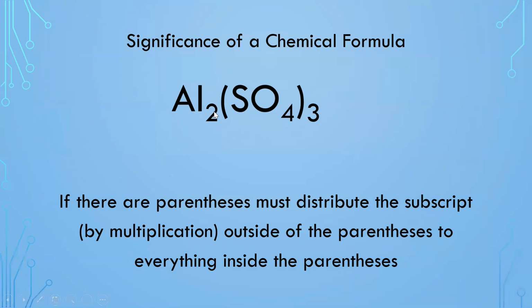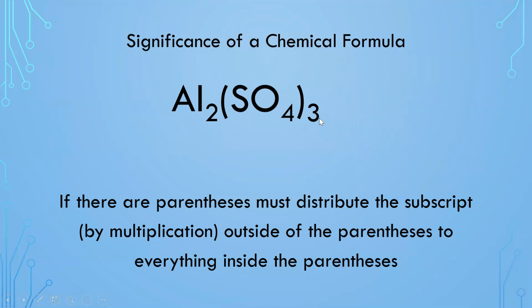So we see subscripts, but we also see parentheses. So if you have parentheses, any subscript outside to the end of the parenthesis must be distributed to everything inside the parenthesis and must be distributed by multiplication. But you only go to the front parenthesis.